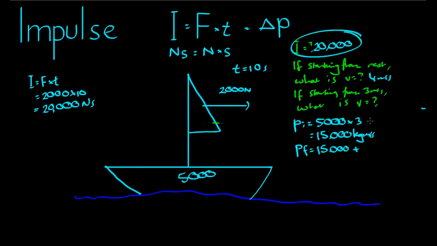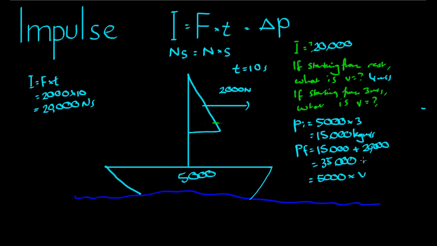And the change has not changed. The change in momentum has not differed from that result we found before. So plus 20,000, 15,000 plus 20,000 comes to 35,000. That's the final momentum of the sailboat, which is equal to the mass of the sailboat, 5,000, times the velocity. So 35,000 divided by 5,000 gives V by itself, 7 meters per second.